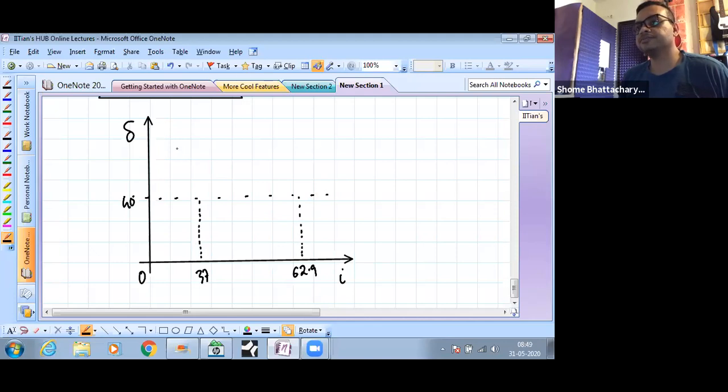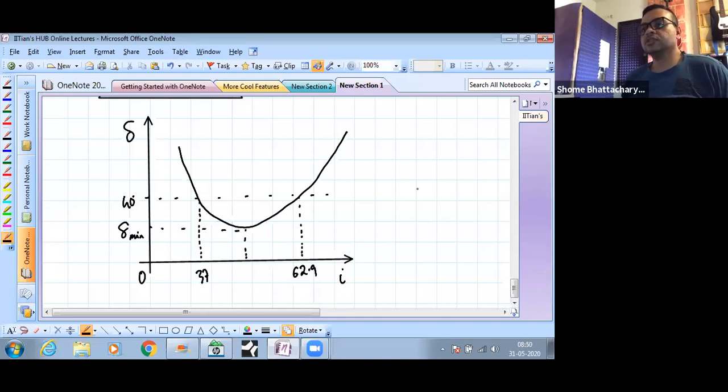And this graph follows some particular pattern like this. But there's a particular angle of deviation which happens where there's a unique angle of incidence.